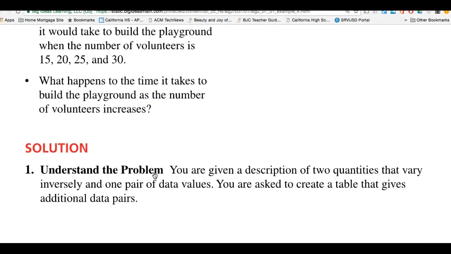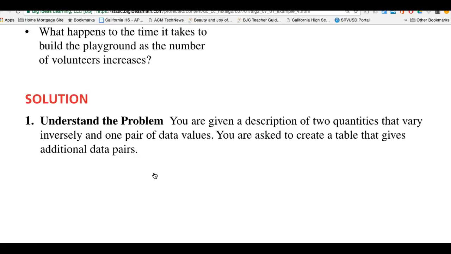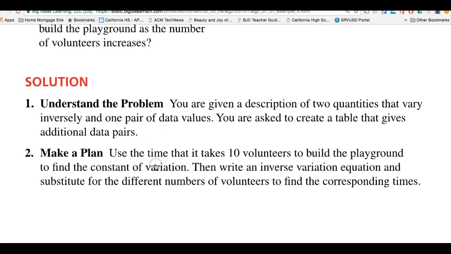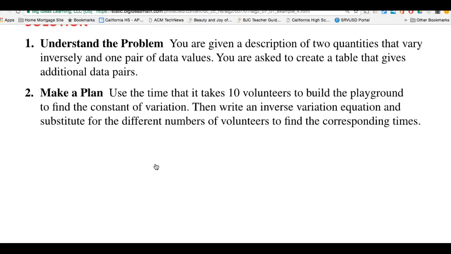So first of all, we want to make sure that we understand the problem. We're given a description of two different quantities that vary inversely, and we've got one pair of data values. Now, our plan is to use the data that we were given.